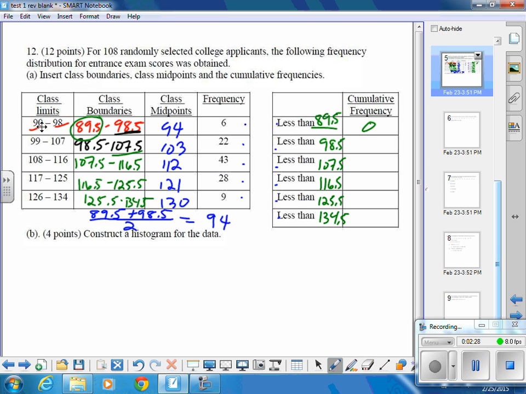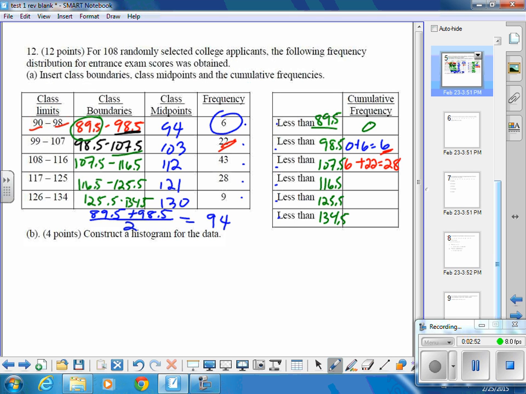Now, the cumulative frequency, how do you do that? Cumulative means adding them on as you keep going. So the next one is 0 plus 6 is equal to 6. Why 6? That's the next frequency. And then the next one would be 6 plus the next one, 22, is equal to 28. And you keep going.